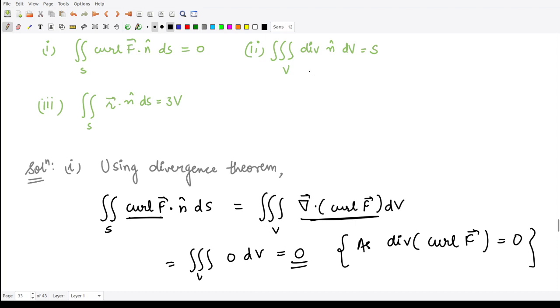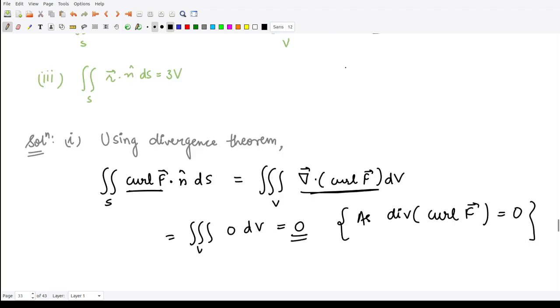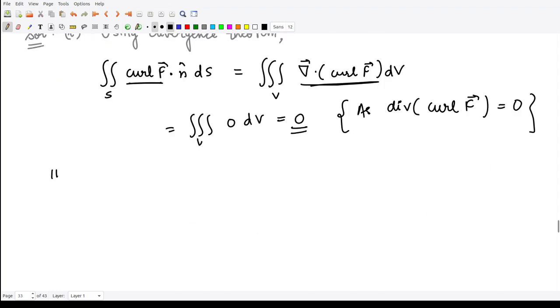Moving on to the second part, they are asking to calculate the triple integral of the divergence of n cap dv, and show that this quantity is equal to S itself. So here also we can apply this theorem.